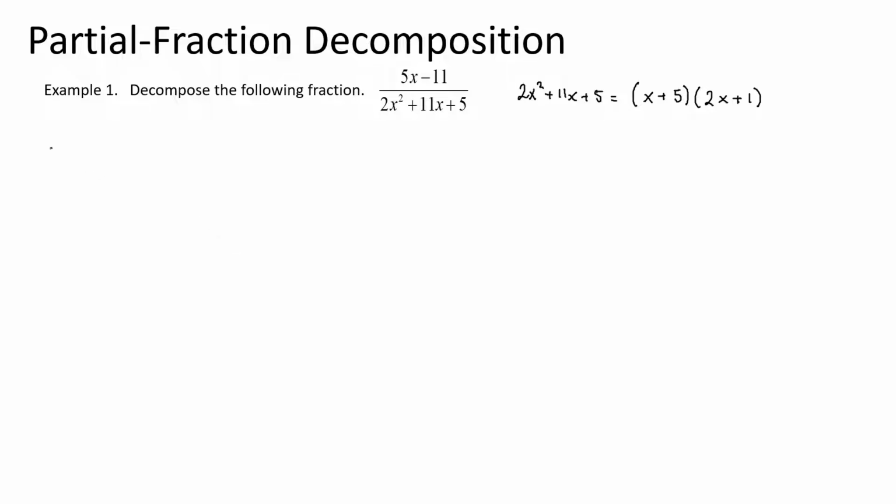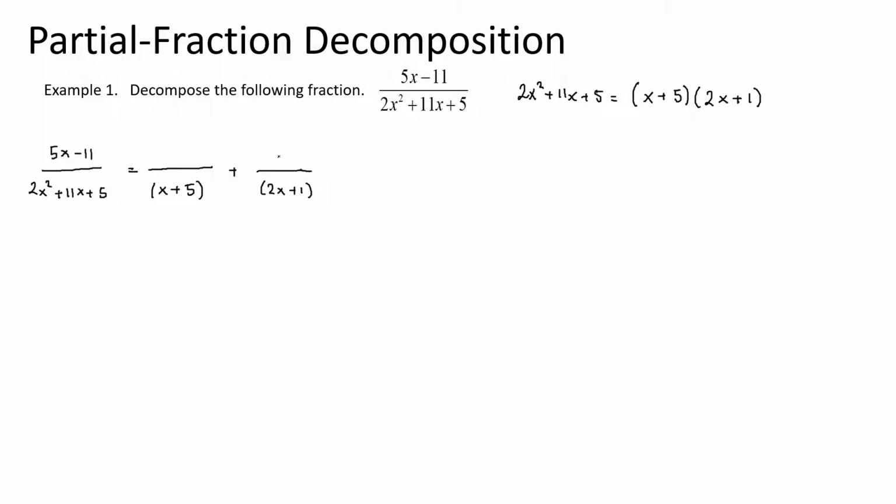So for example, (5x minus 11) over (2x squared plus 11x plus 5) will equal something over (x plus 5) plus something over (2x plus 1).